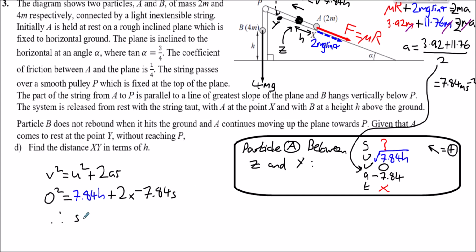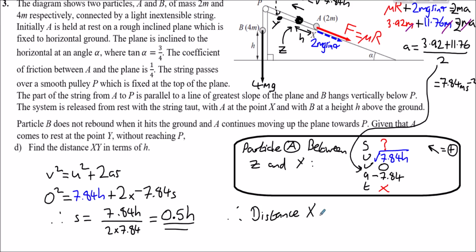So therefore, if we rearrange, S would be 7.84h divided by 2 times 7.84. That gives us 0.5h. So therefore, distance xy: from x to this z place, it travelled h before B hits the ground.